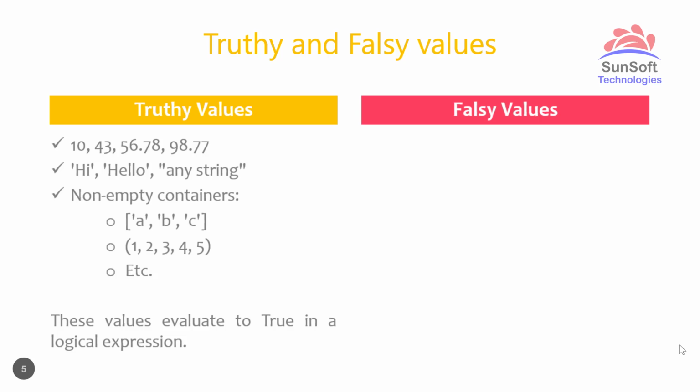Whenever you want to know what the Boolean value for a particular value would be, the answer is true. But now let's focus on the falsy values. Which ones are the falsy values? If you use the integer literal 0, that's a falsy value. That will evaluate to false in an expression. That's what truthy and falsy means.